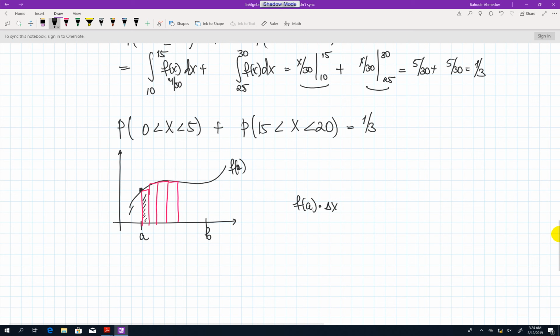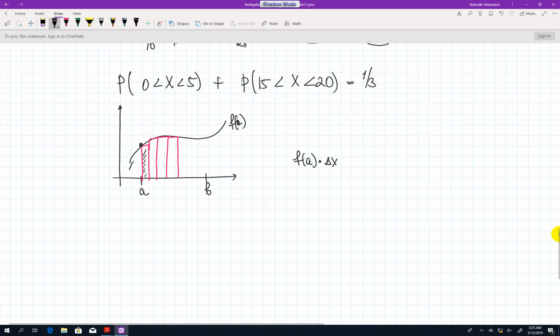Then you will find the area of all the rectangles, then you will add them, right? So if you take the limit when this delta x goes to 0, right? Then it gives you the integration, the definite integration.